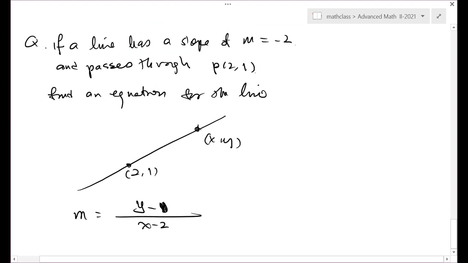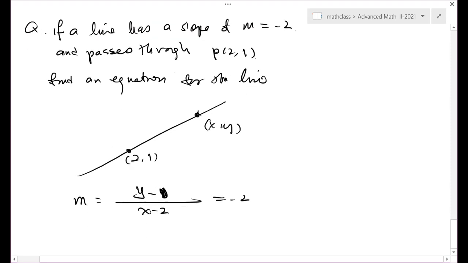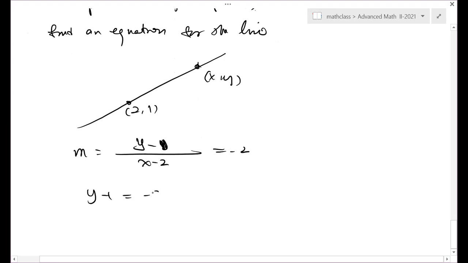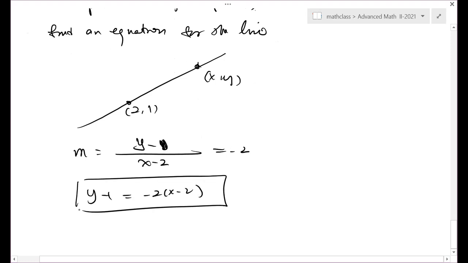Since we already know the slope, it's -2. Then you will get the equation. This is not necessarily the simplest form, but this is the equation for the line. That means every point on the line with coordinates x and y is determined by this equation.